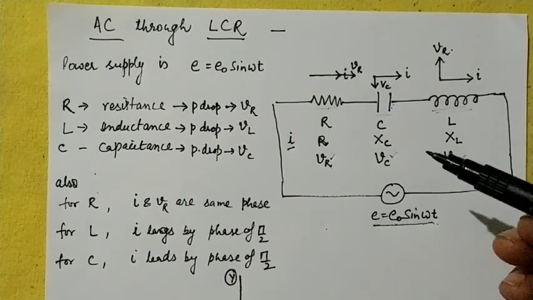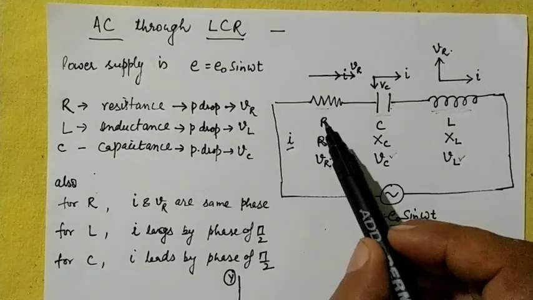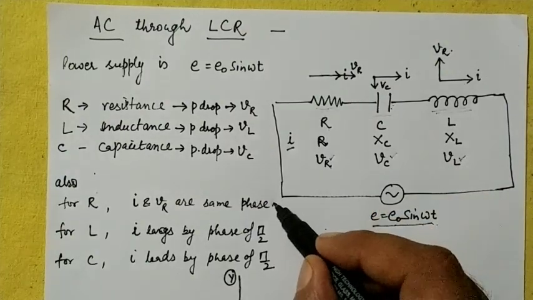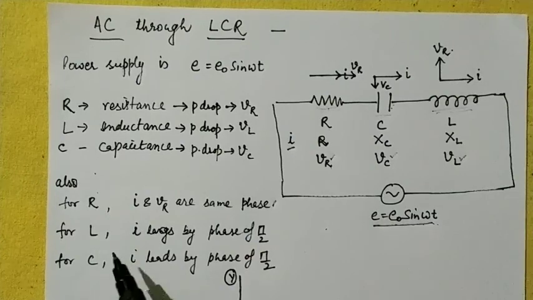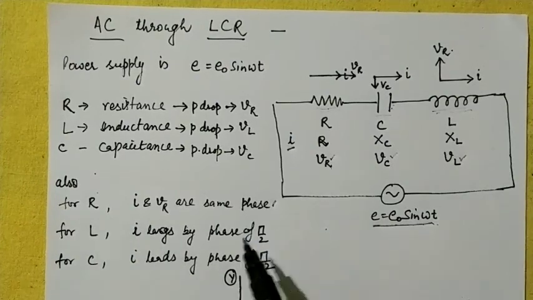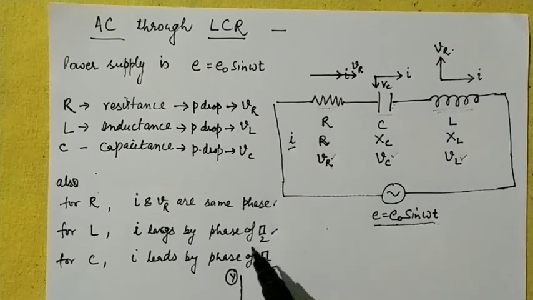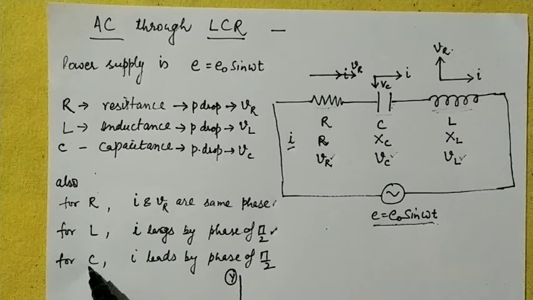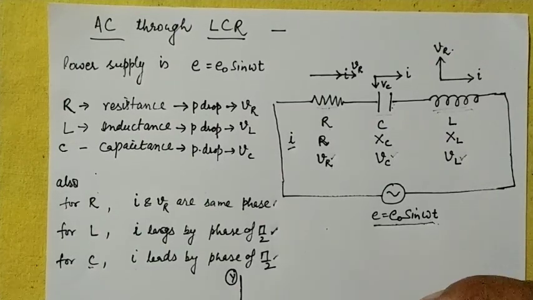We also know that across R, voltage and current are in the same phase. For the inductor, the current lags behind the voltage by a phase of pi by 2. And for the capacitor, the current leads the voltage by a phase of pi by 2.